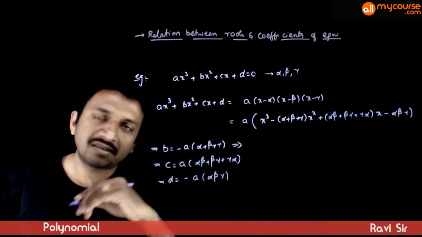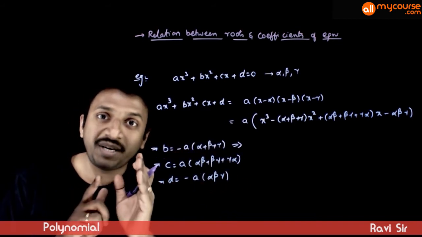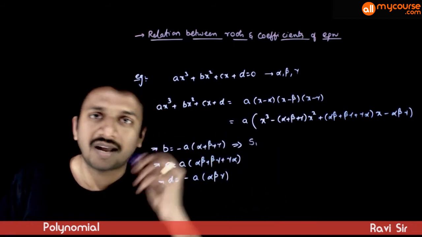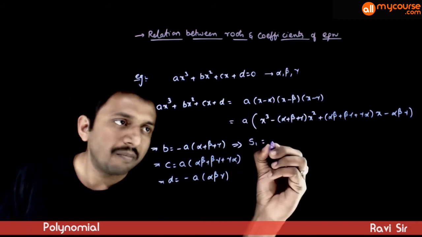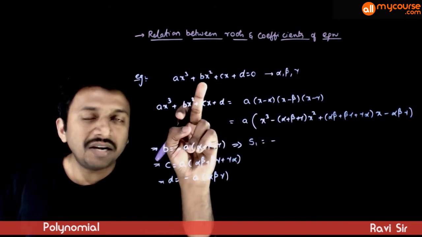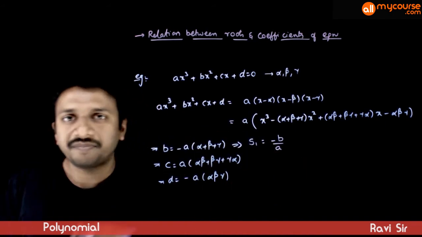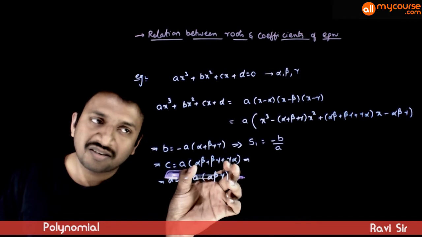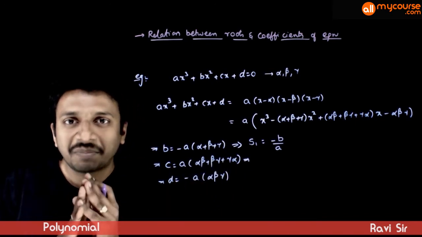This implies the sum of all the roots, alpha plus beta plus gamma, which I'll write as S1, is equal to minus of the second coefficient by the first coefficient, minus of b by a. Next, what is this? The sum of products of two roots taken at a time.